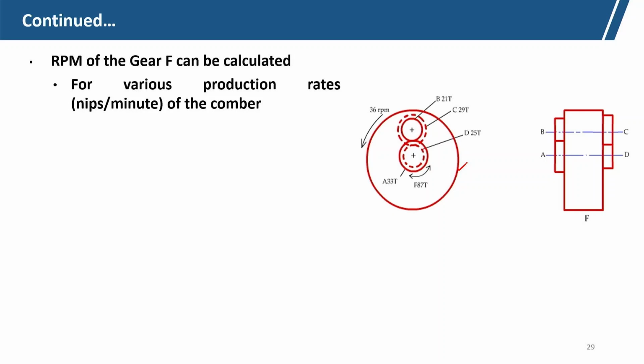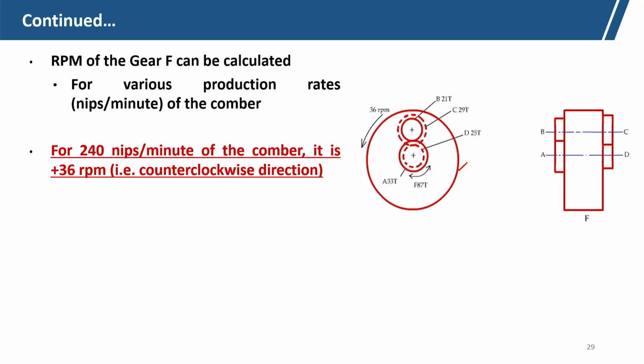For various production rates in nips per minute of the comber, if the nips per minute is changed, then the speed of gear F will change.